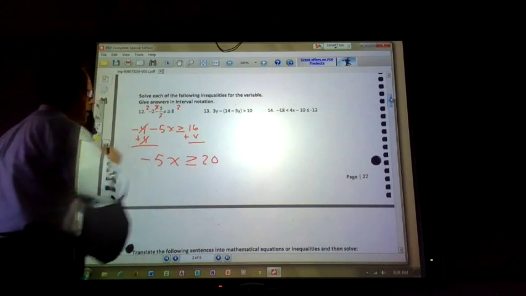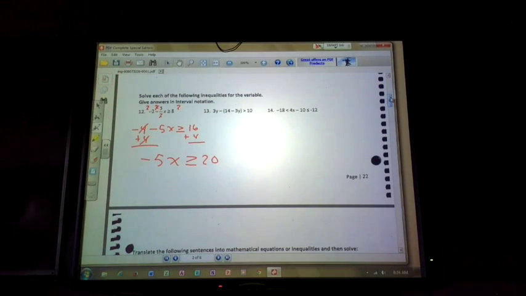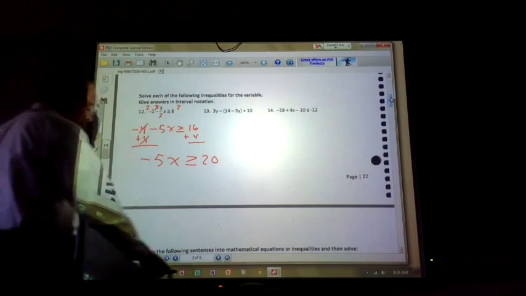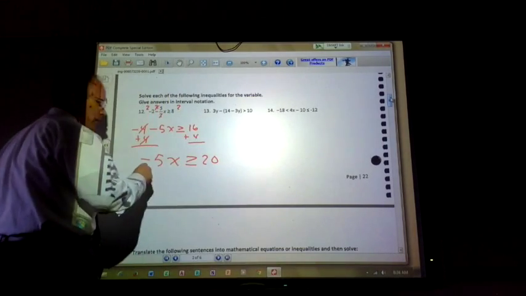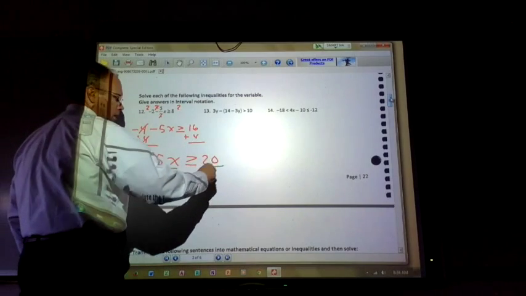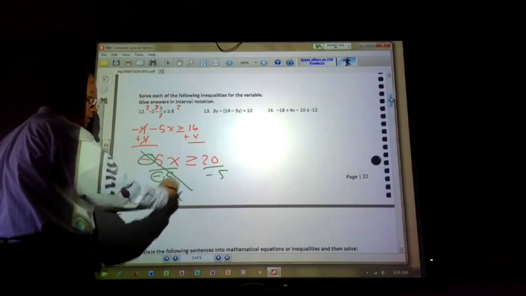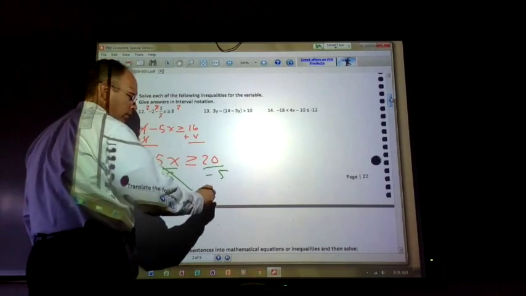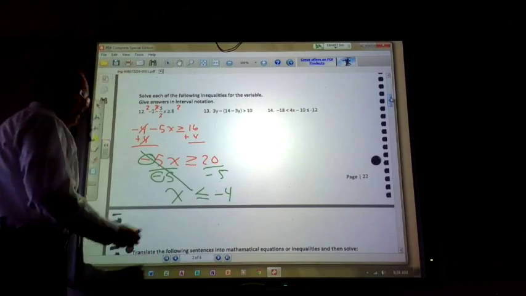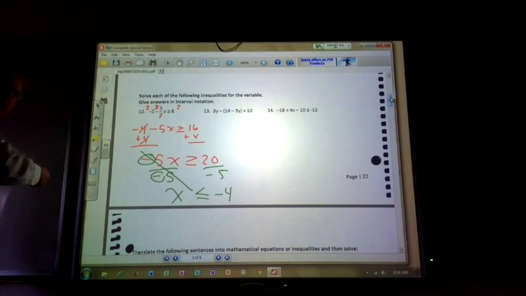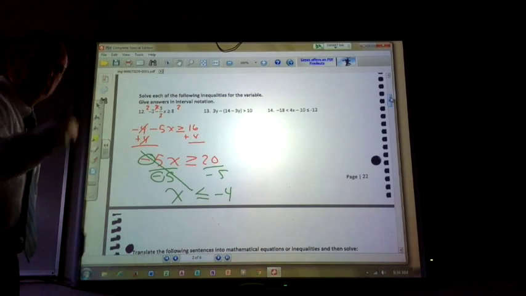That's 20. What should I do to both sides? Divide by negative 5. And something special should happen when I divide by a negative. What was that? It flips. Yeah. So that's divided by that negative, so those cancel. So that means that sign has to flip over. And then I want values that are less than negative 4, so like negative 5, negative 6, negative 7, negative 8.